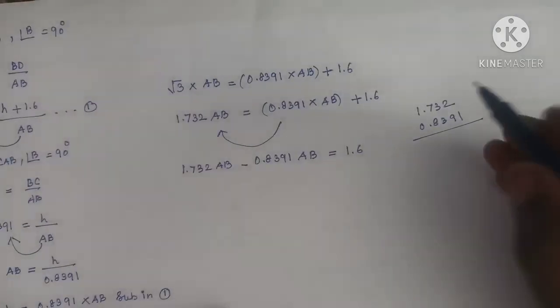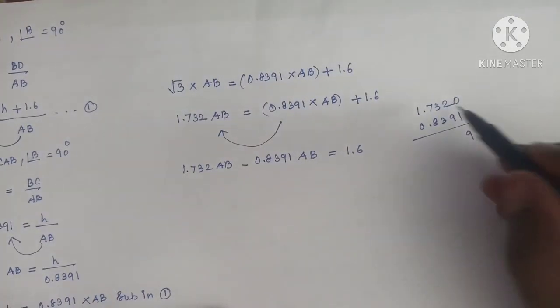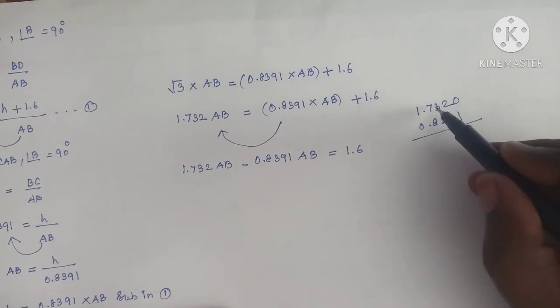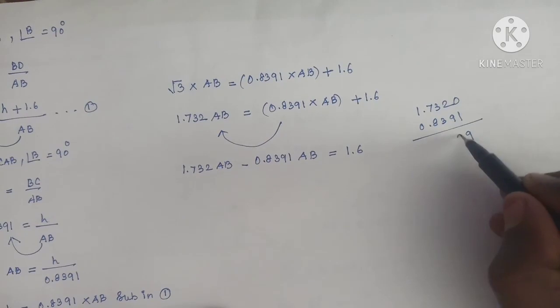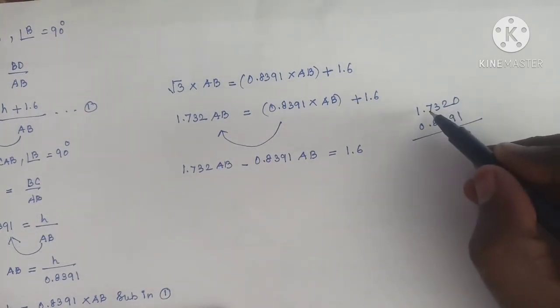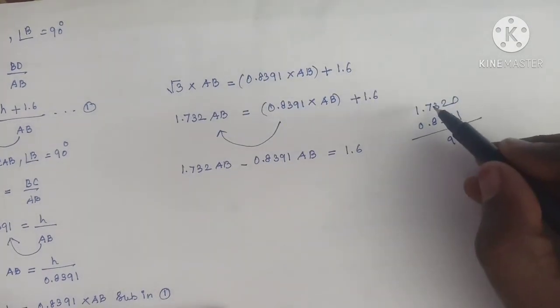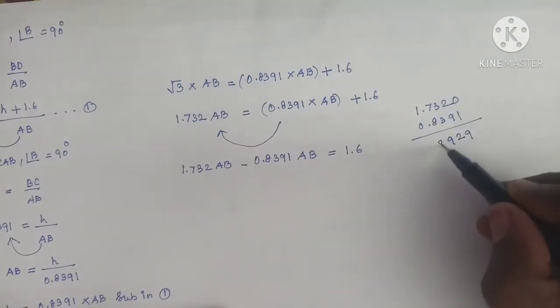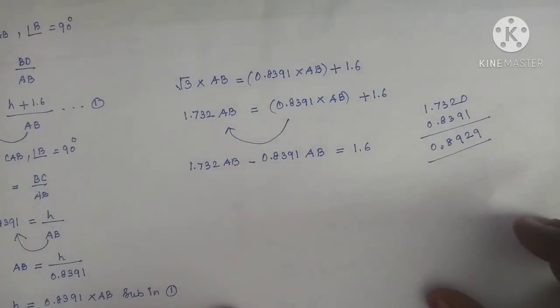Consider here 0: 10 minus 1 equal to 9. Here 1 will be there. If you borrow 1 here it means 11. 11 minus 9 equal to 2. If you borrow 1 it means 12, so it becomes 9. Here 6, so 8. It is 0.892.